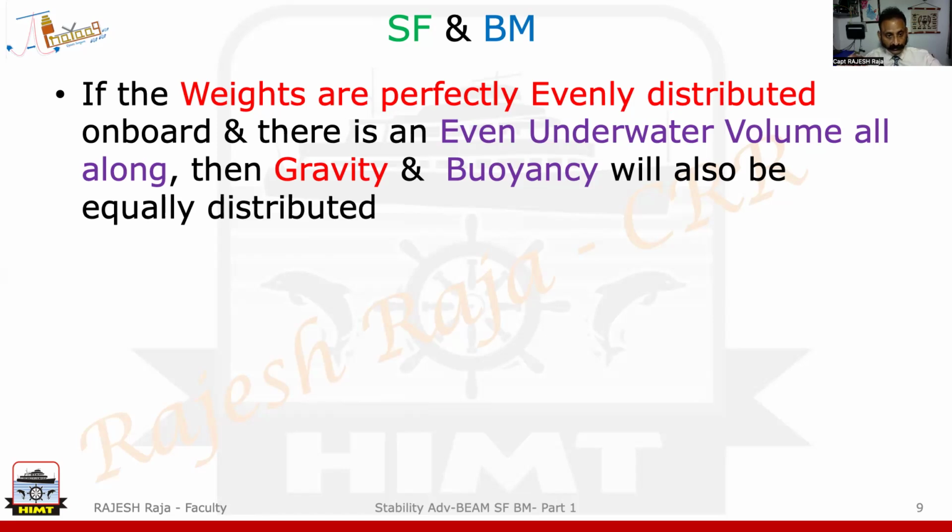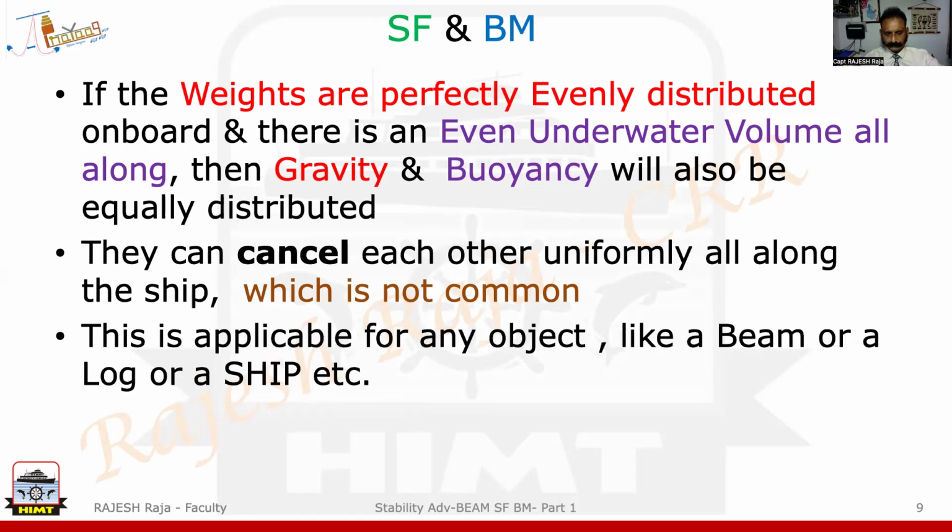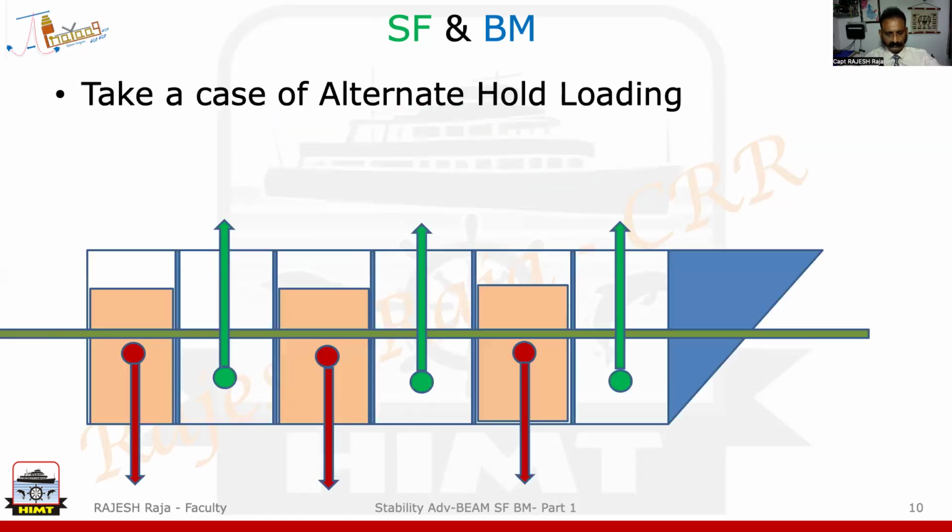That means force of buoyancy also will be exactly same all along the length. So they will cancel each other, but this is not common in a ship shape. This is possible on a pure rectangular type of vessel, which is not practical. So this is what you need to understand, that they are not perfect. Now this concept is applicable for a ship also, a log also, or a beam also, whatever it is.